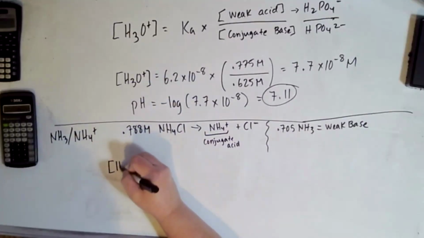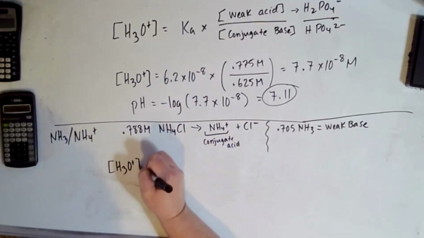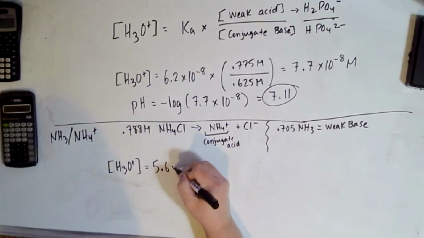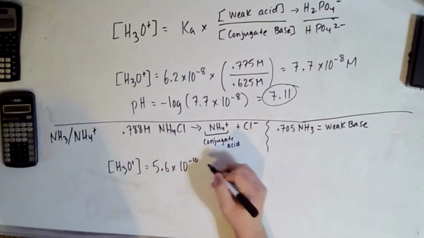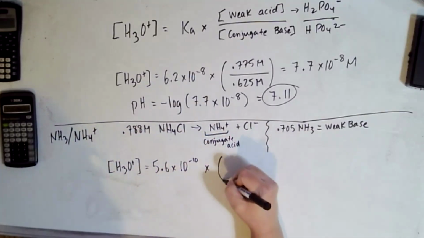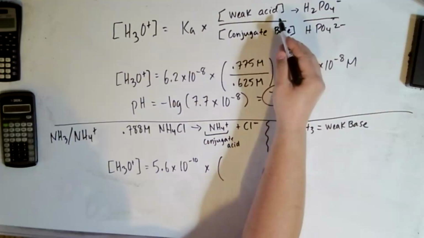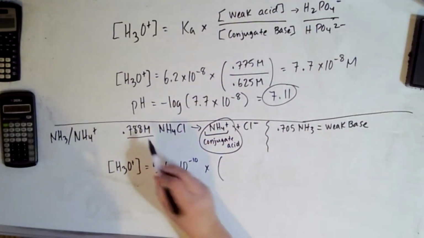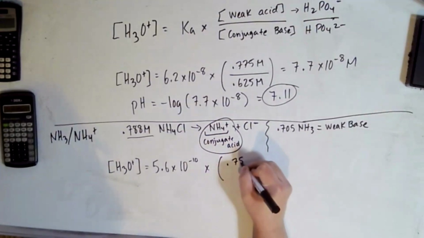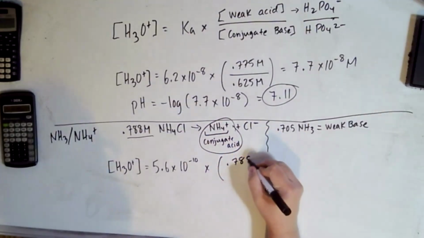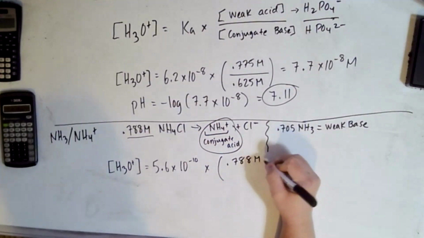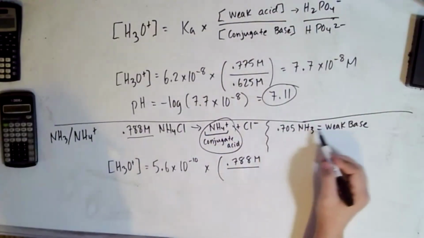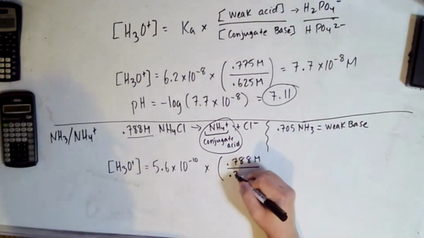So to figure out our H3O plus here, we're going to take our Ka value that they gave us, 5.6 times 10 to the negative 10. And we're going to multiply that by our weak acid concentration. So that's going to be our NH4 plus concentration, 0.778, or 0.788 rather, divided by our base concentration, which is our 0.705.